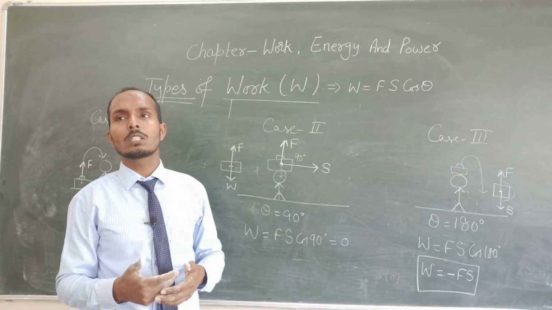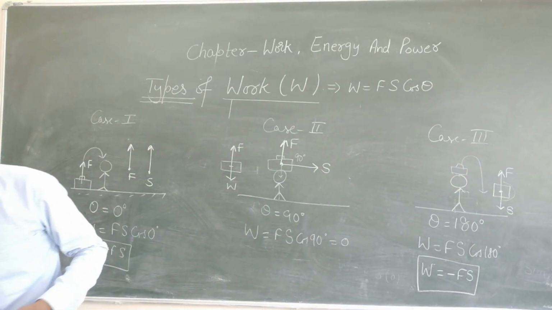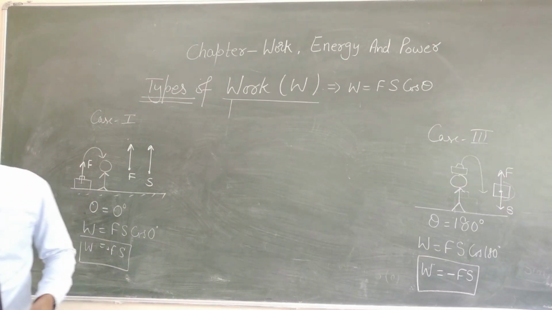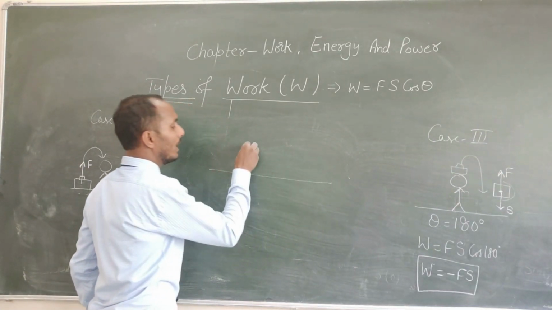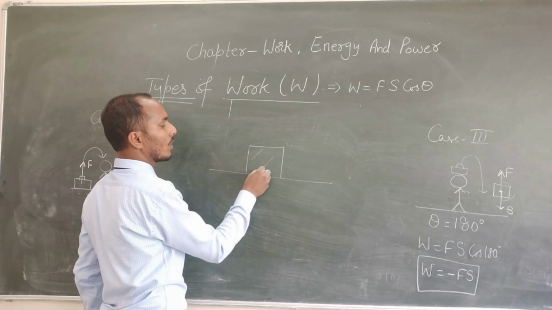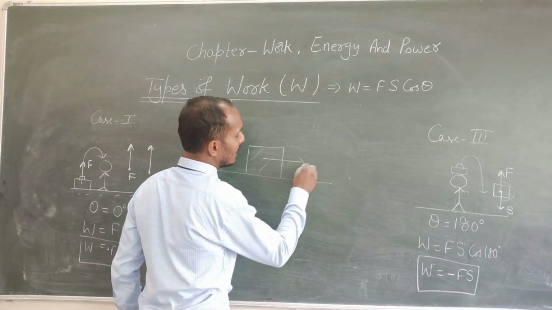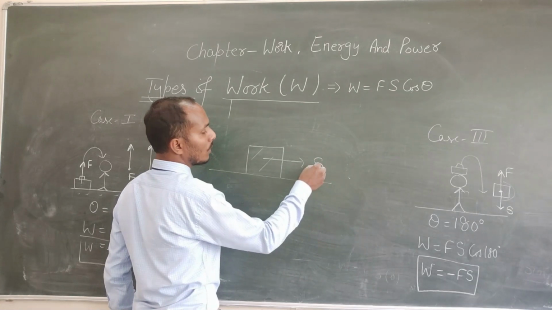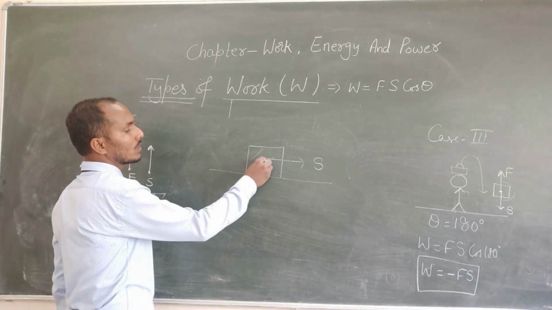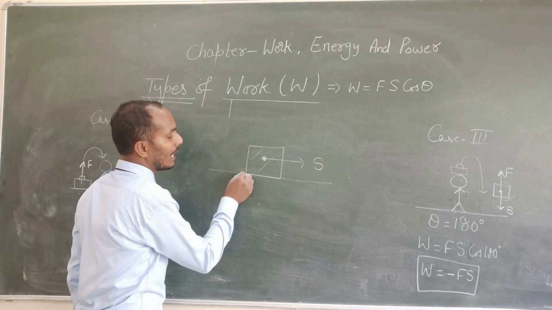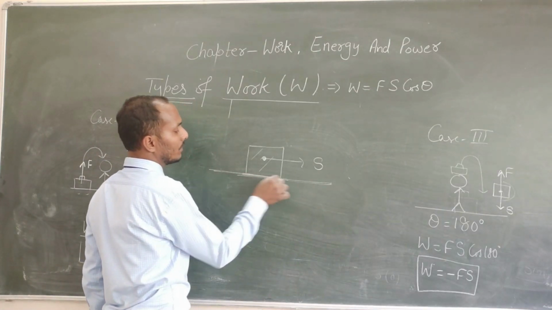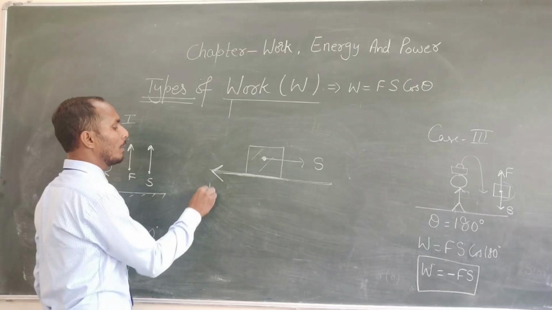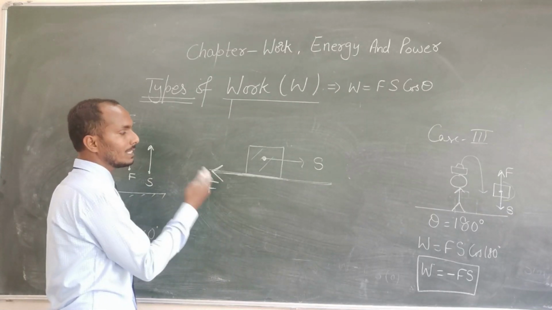Remember one thing, you know about friction. Suppose there is a box moving in this direction, so the displacement of the body is in this direction, but the frictional force always acts along the contact of surfaces, which is always in the opposite direction.